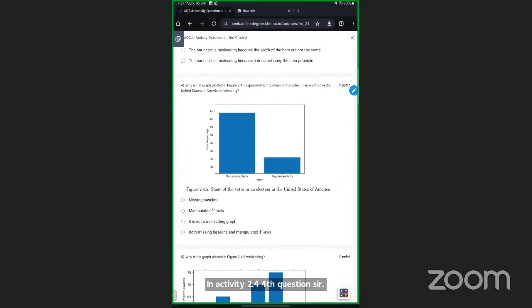Here I am claiming that both the baseline is missing and the axis is manipulated, because the left one is showing some value of around 65 and the right one is around 35, which is misleading because 35 is more than half of 65, but it is showing that it is less. So the representation is wrong. The y-axis is manipulated, so I am claiming that both missing baseline and manipulated y-axis will be the option.